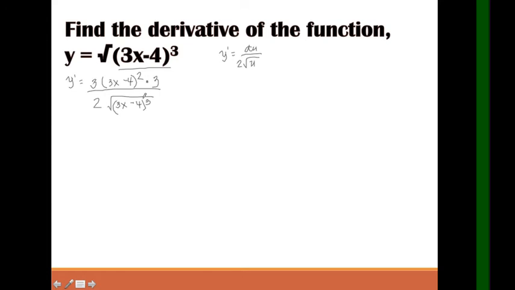So we can simplify this one. Pwede natin siyang i-simplify into a simplest way. So 3 times 3 is 9, and then 3x minus 4 squared.